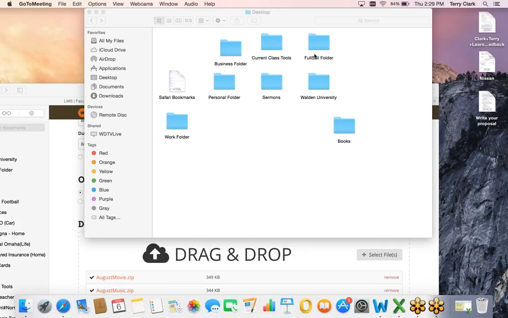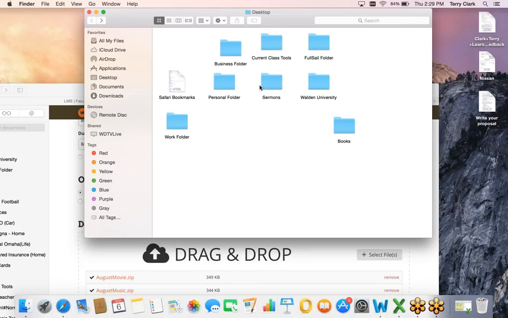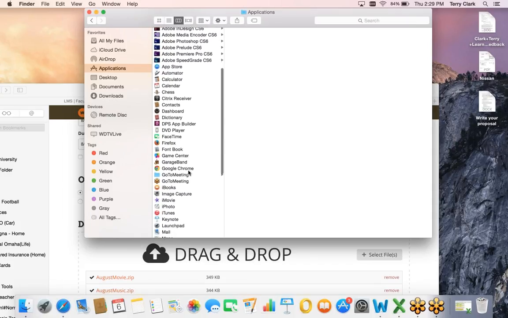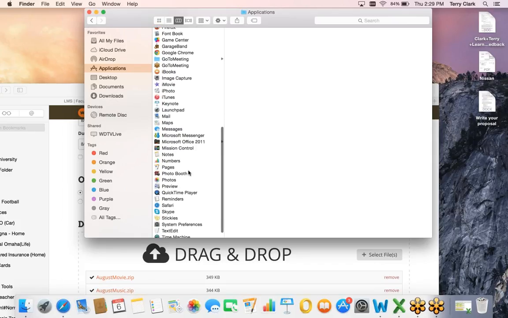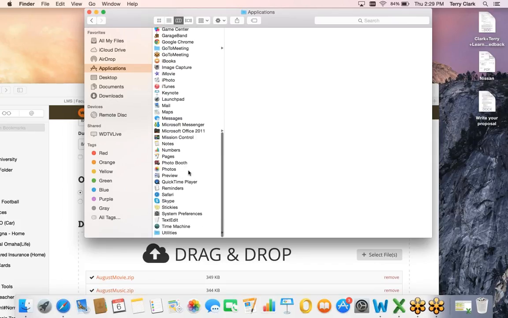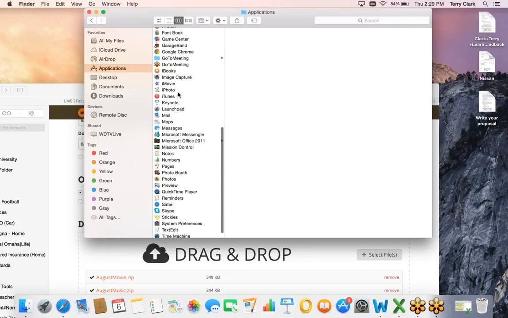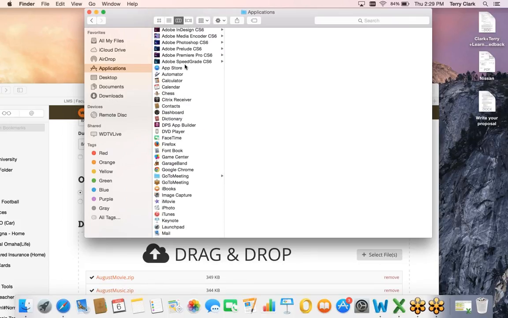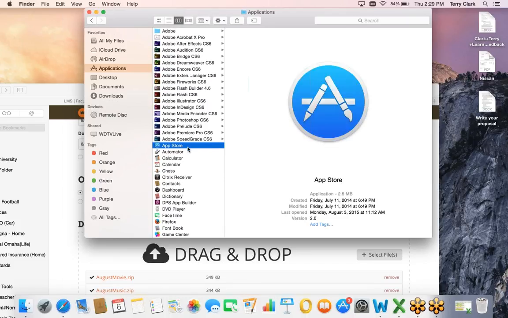Sketchpad. I'm trying to find something that I can use to write with. I thought I had Sketchpad in here. Keynotes. Nope. Okay, give me just a second.